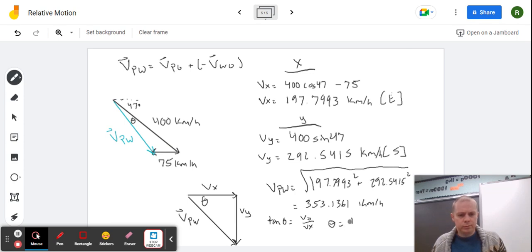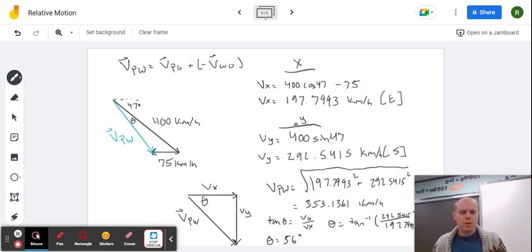So theta is going to be the inverse tan of 292.5415 over 197.7993. Okay. And we get the angle to be approximately 56 degrees.